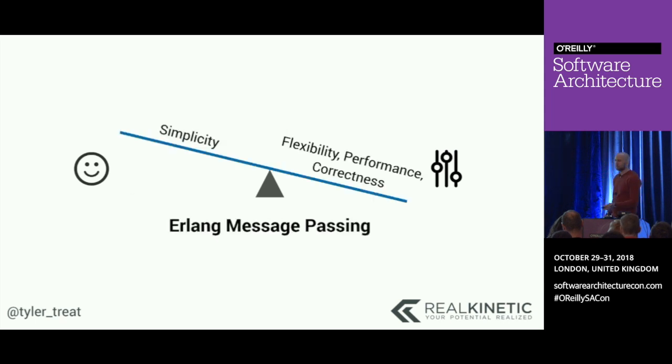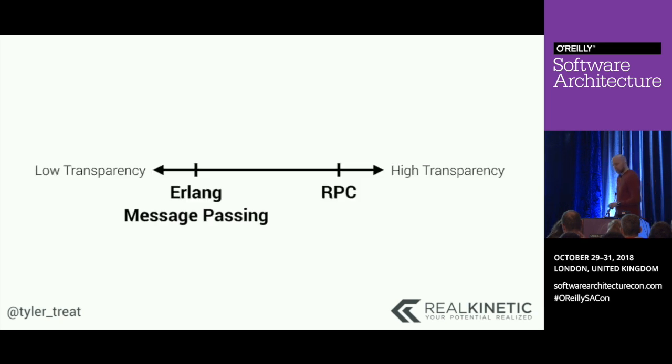And something like Erlang-style message passing is more of a transparency that favors things like flexibility and performance and correctness, as opposed to simplicity, because it's kind of a lower level abstraction. And so placing those on the spectrum looks something like that, approximately.